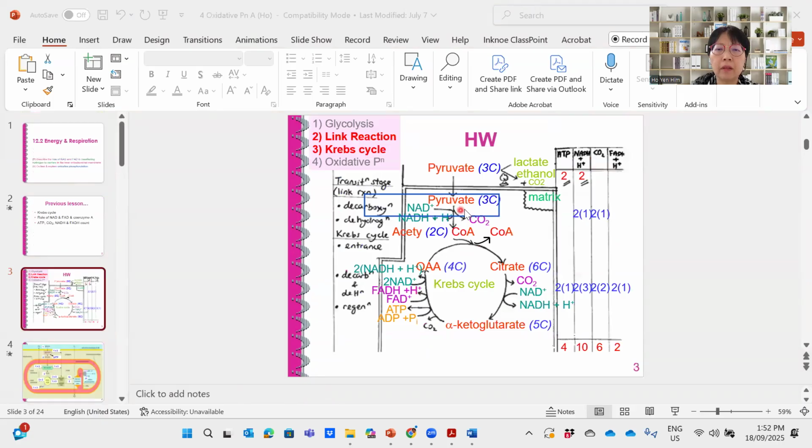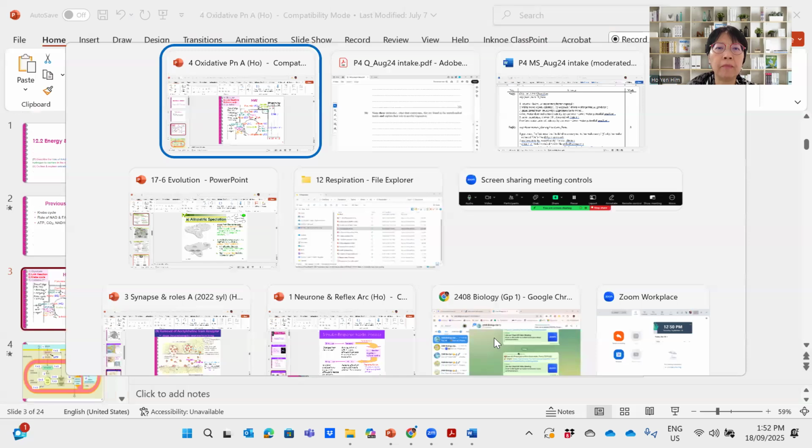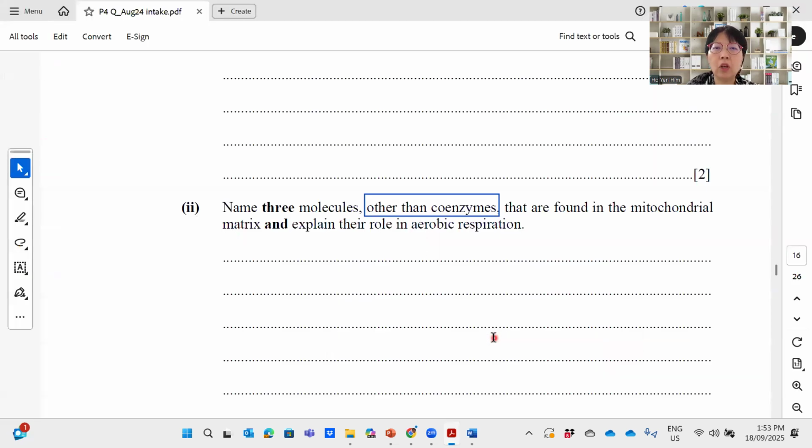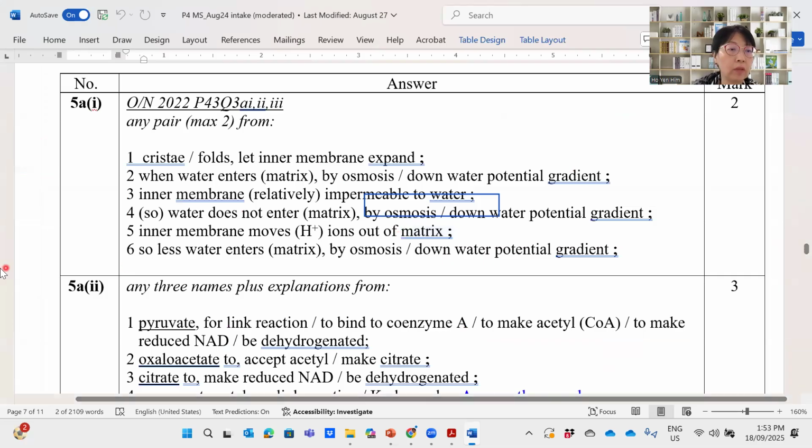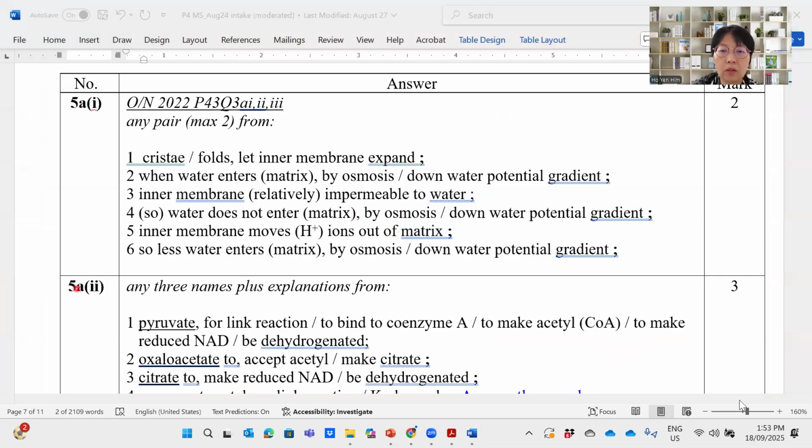Pyruvate. Okay. OAA, oxaloacetate, citrate, alpha ketoglutarate. So these are the components we can find in the matrix. So let's look at the mark scheme. 3 molecules. So state the name of the 3 molecules and explain their role. So what do they do in aerobic respiration? So let's look at the mark scheme.